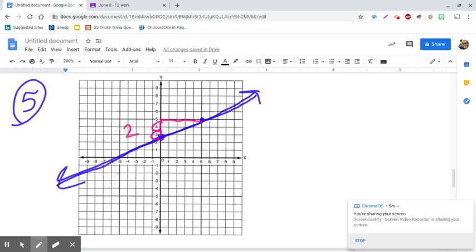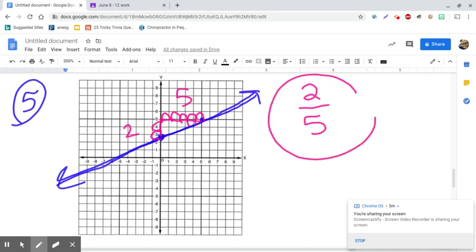How many points are we going over? 1, 2, 3, 4, 5. We go over 5 points. So our rise is a 2 and our run is a 5. You can't simplify 2/5, so that's our answer. Positive 2/5. And we know it's positive because this is increasing left to right.